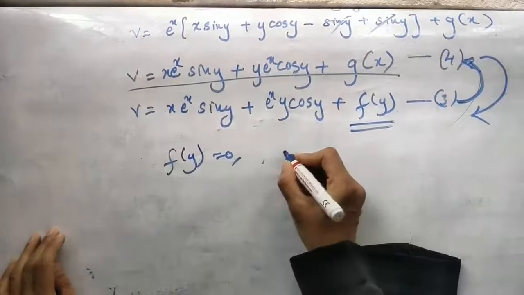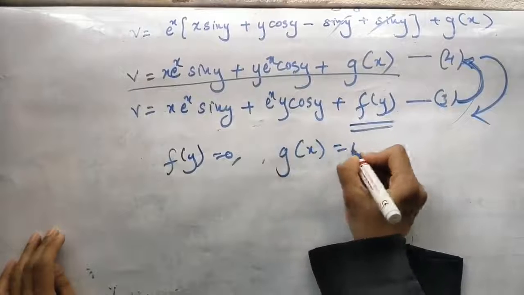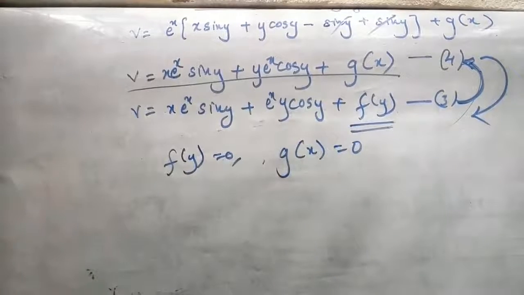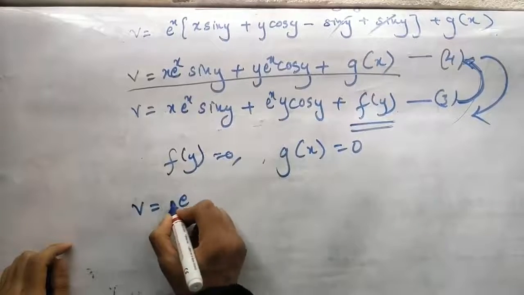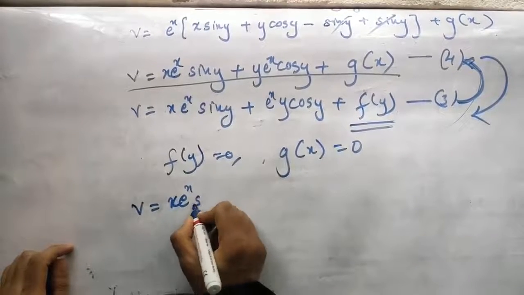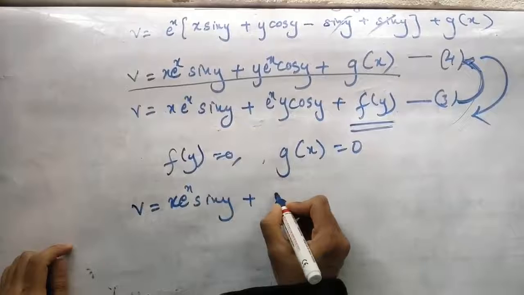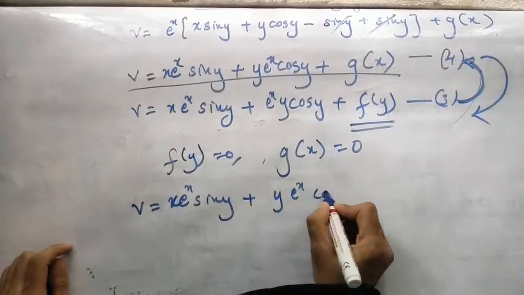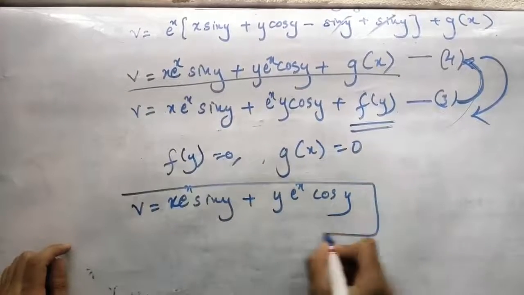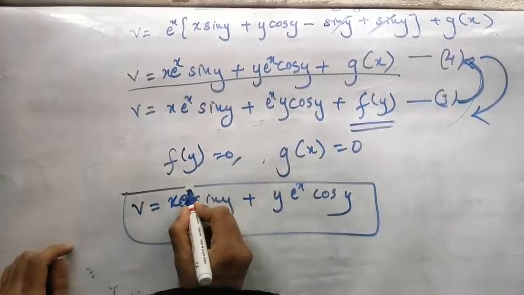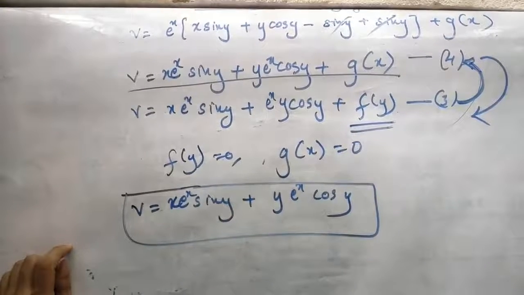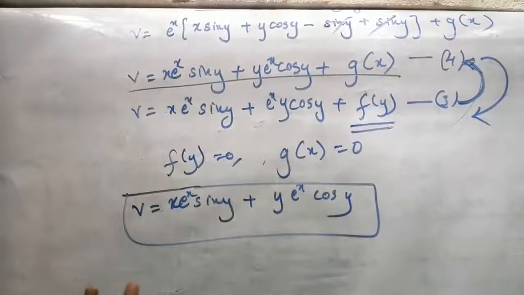Therefore, g of x should also be 0. Hence, we have worked for v. V finally should be x into e to power x sin y plus y into e to power x cos y. This is the harmonic conjugate which is required for our problem. So, this is the solution for our harmonic conjugate.